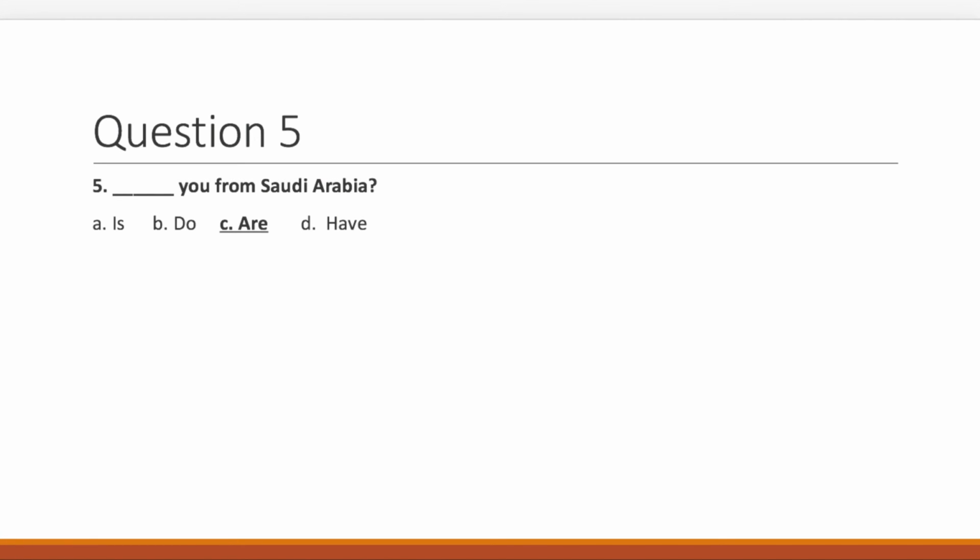Question 5. Blank you from Saudi Arabia? When we ask a question, we know that in the beginning we need to start with our verb. The subject of our question is you. We're talking about location, so we should use the be verb. Therefore, C is the correct answer. Question 6.